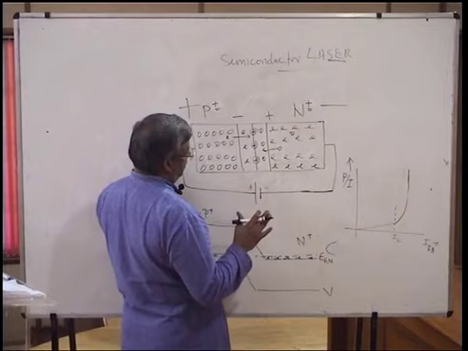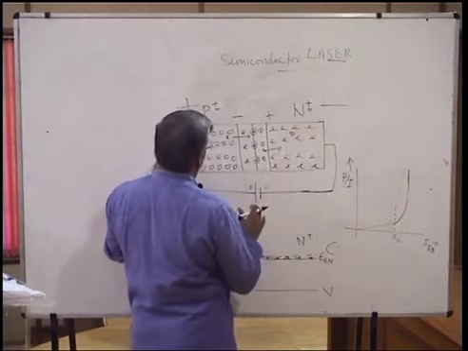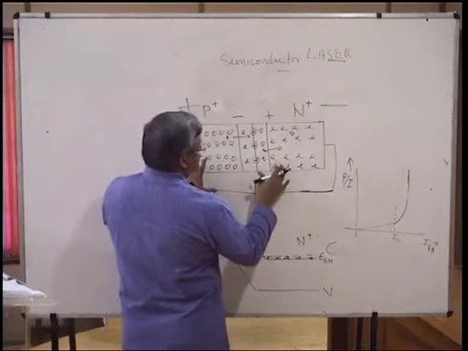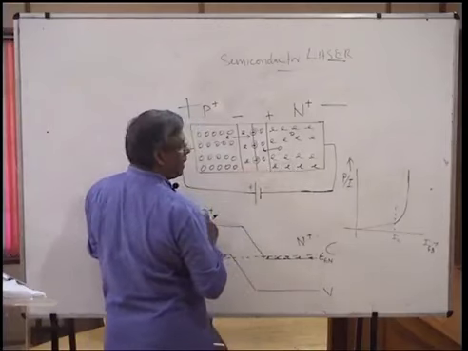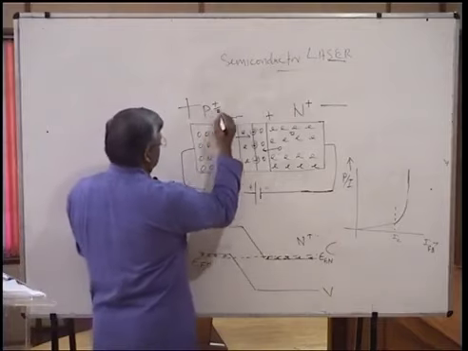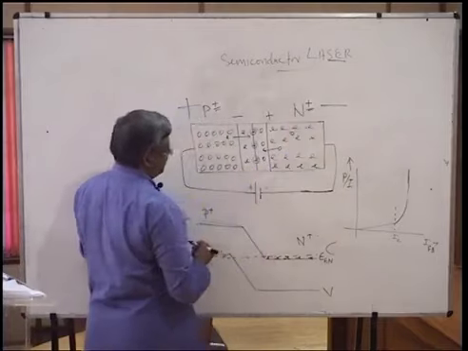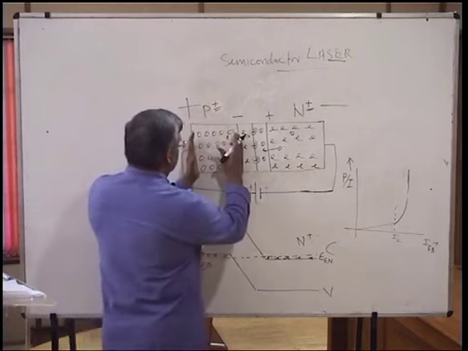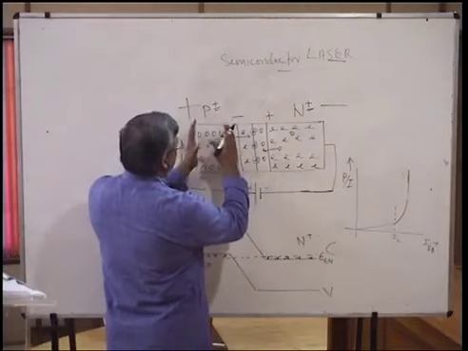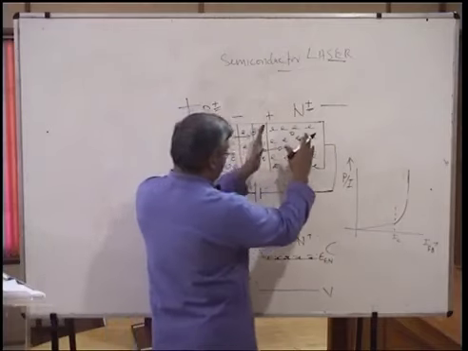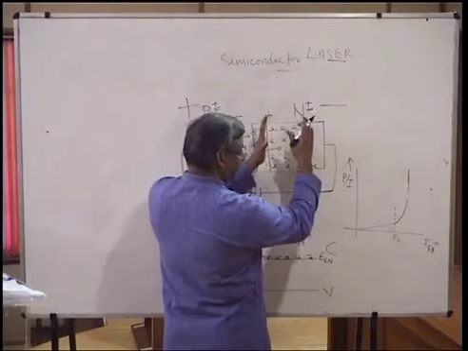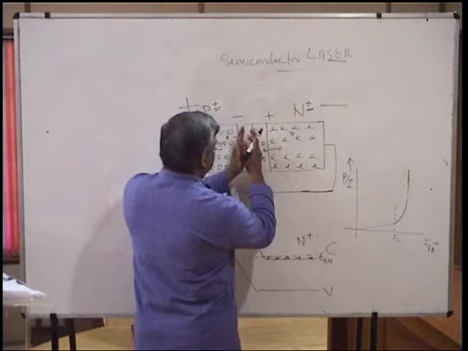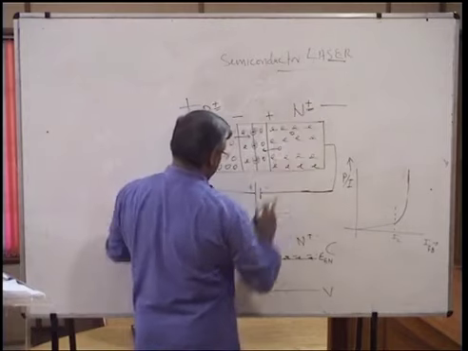The major difference in the making of a semiconductor laser is that it is not just a PN junction. Rather, it is a P plus N plus junction. By that we mean the P material is heavily doped, and similarly the N material is heavily doped, so a heavily doped P material is joined with a heavily doped N material.